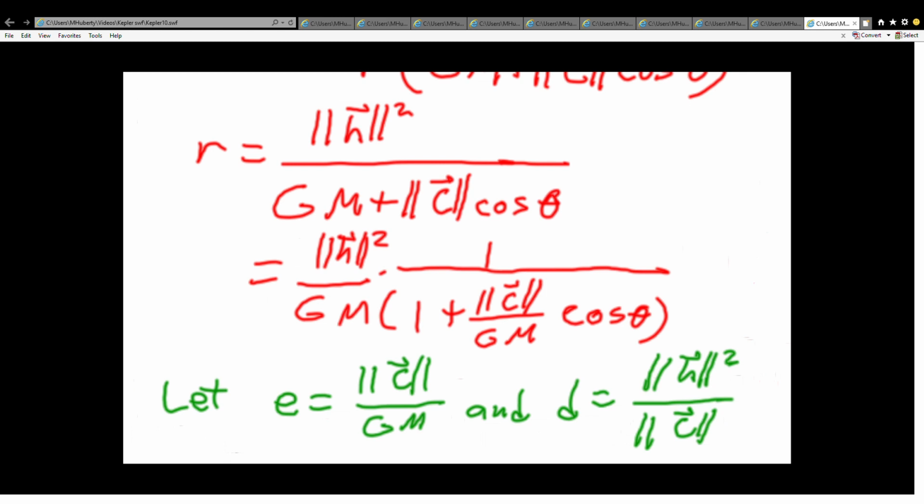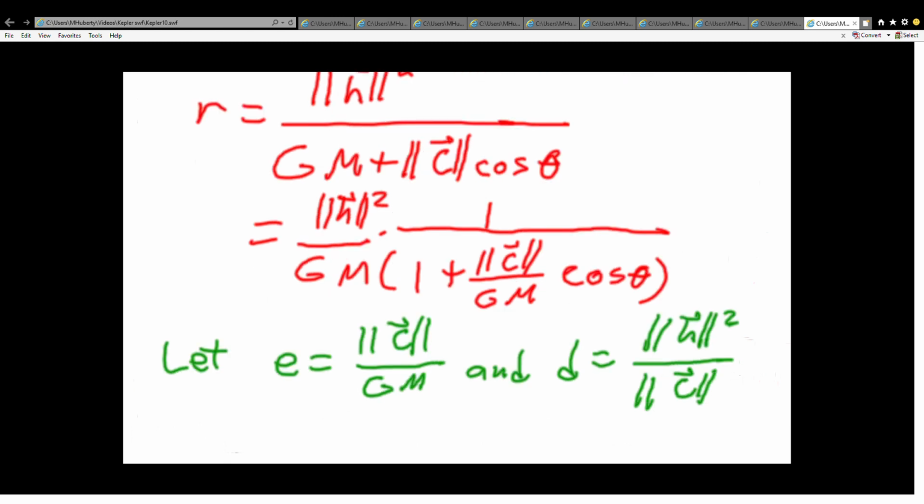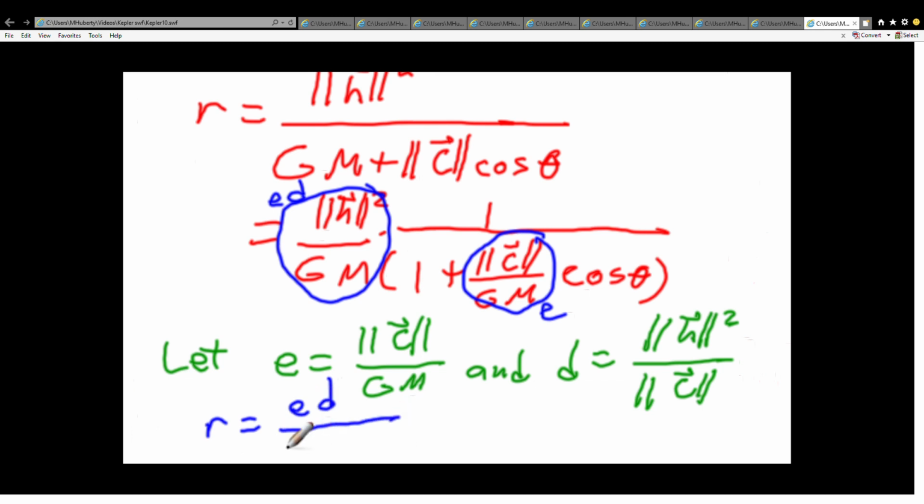By doing this, note that this part in here just becomes E, and this part here is actually E times D. So we can write the whole final thing: r is equal to E times D divided by 1 plus E times the cosine of theta.